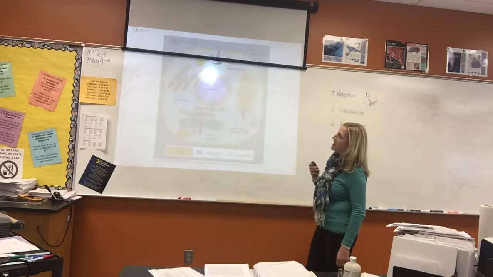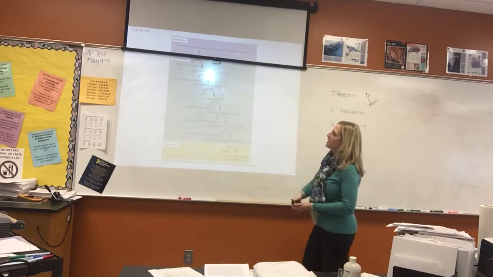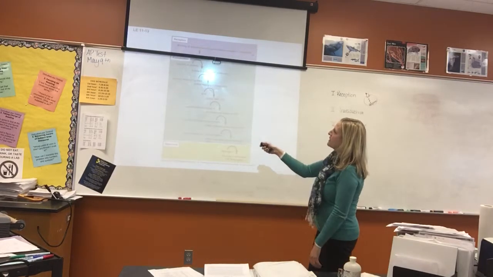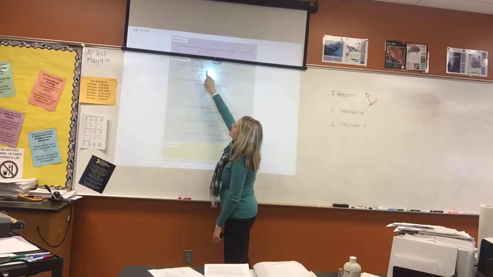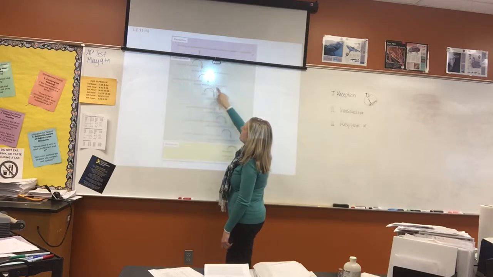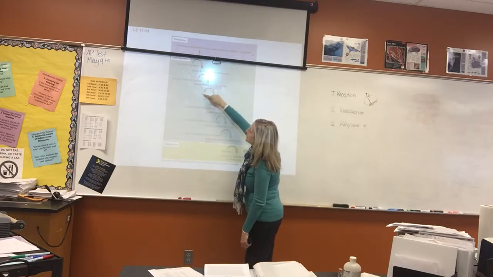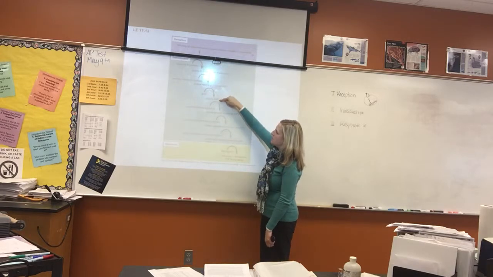So I wanted to point out this picture here and what we've already talked about, because what we're looking at now is putting into words exactly what happened here. So now we get the binding, which activates the G protein, which activates the adenylyl cyclase, which is our enzyme. What does that enzyme do? It converts ATP to cyclic AMP. What does cyclic AMP do?